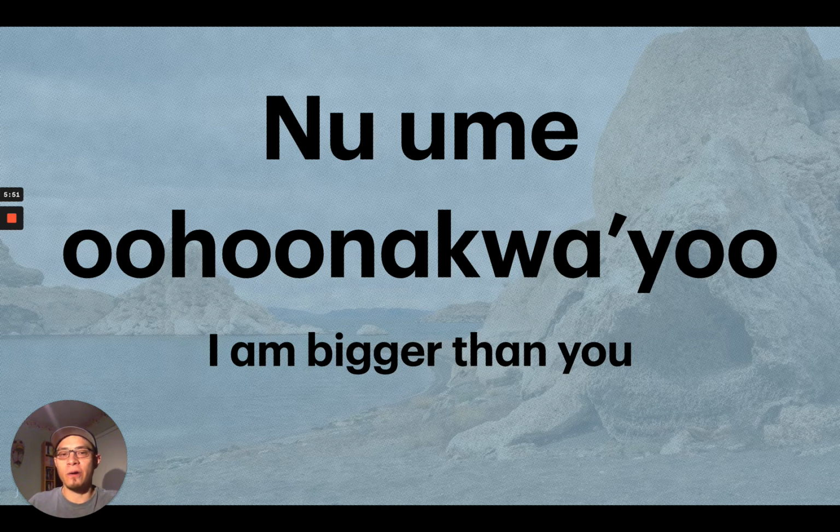But uhunakwa you, when it has that you at the end of it, it's a predicate suffix. That's what you use when the comparative term, in this case bigger, when it's not there, when it's implicit. You always know it by context, but when you're not using that, then you take the uhunakwa and you add you. Uhunakwa you. I am bigger than you.